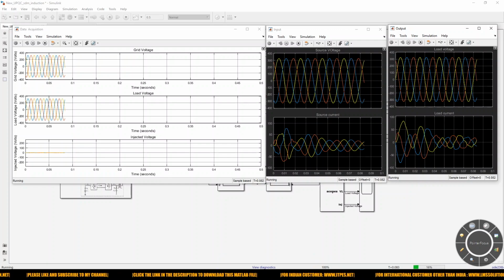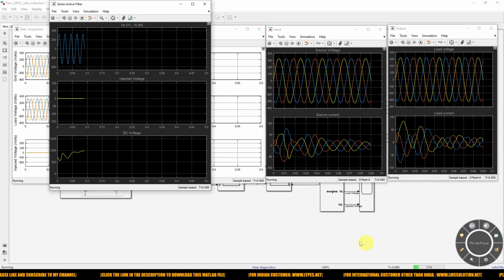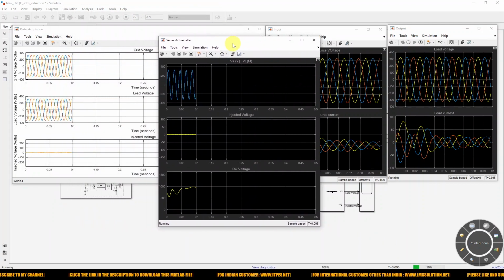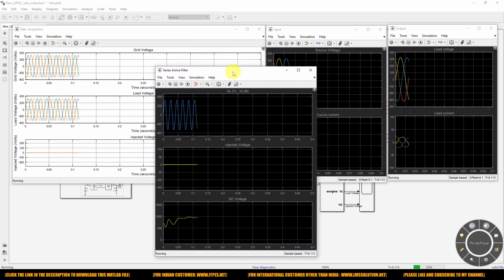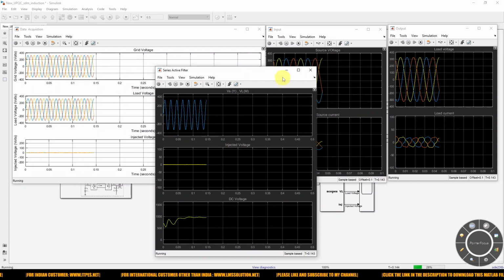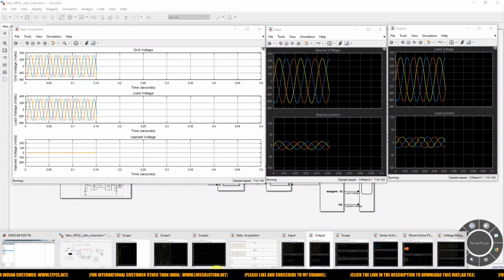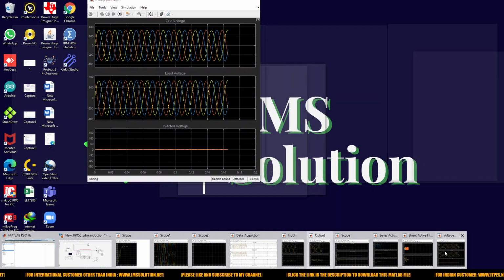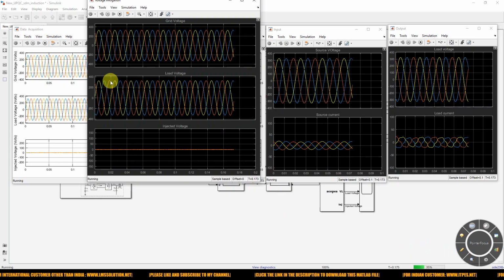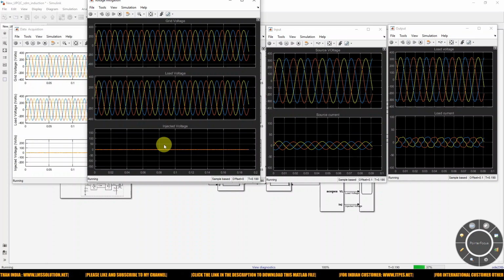Next you have to see about that. Here you can see the variation of source voltage, injected voltage, and DC link voltage. Here also you can see accurately that variation after the fault condition.